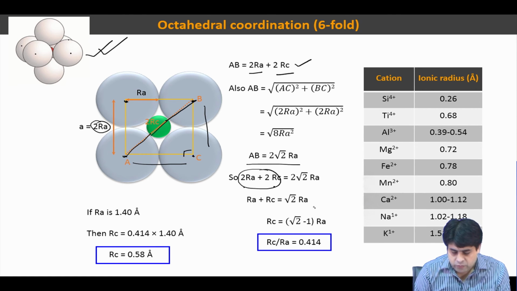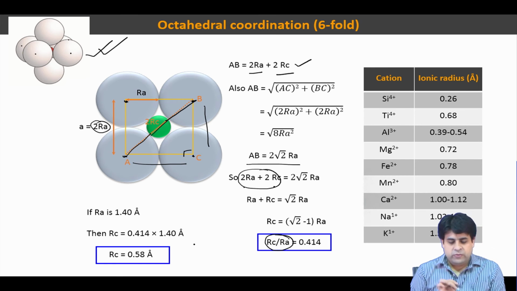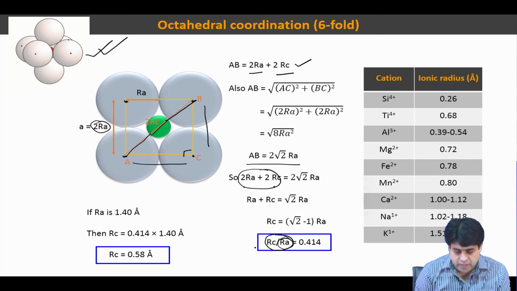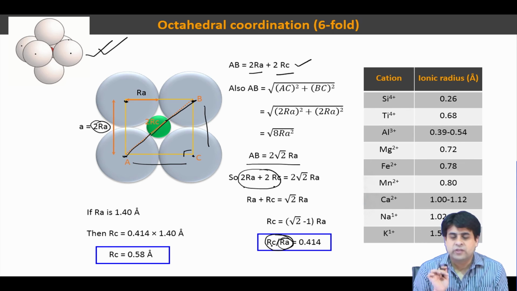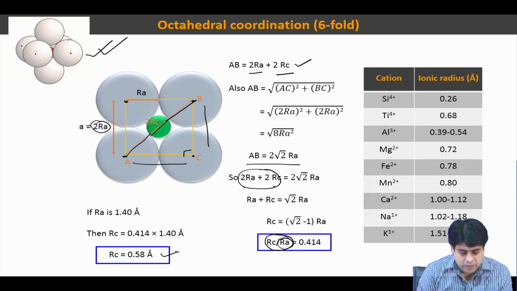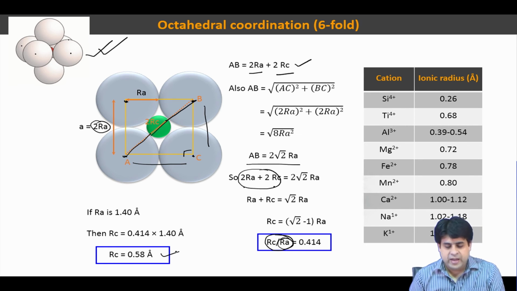From that, if you simplify, you can get a radius ratio if your central cation is connected with 6 anions. In that case this ratio will be 0.414, and when you take the anion as oxygen and calculate the radius of the cation, this value will be close to 0.58 angstrom.